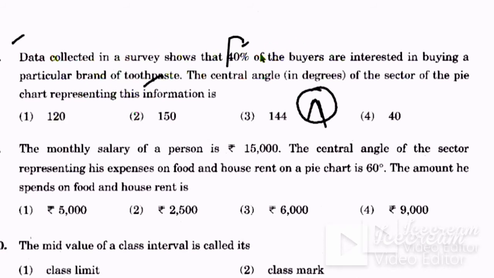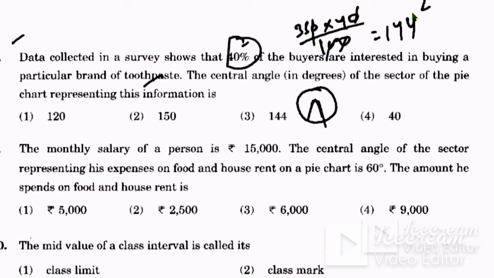So you have to convert 40% into the angle. 360 degrees is 100%, so you have to find 40% of 360 degrees. You multiply by 40 and divide by 100. Both 0s will cut by 100 and it will be 36 into 4. 4 6s are 24, carry 2, 4 3s are 12 plus 2, 144. So the answer is third, 144.